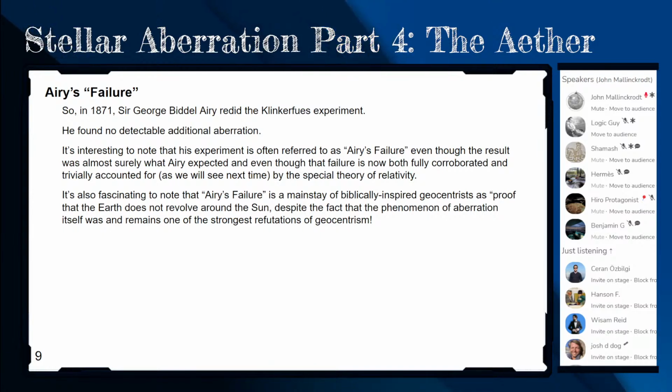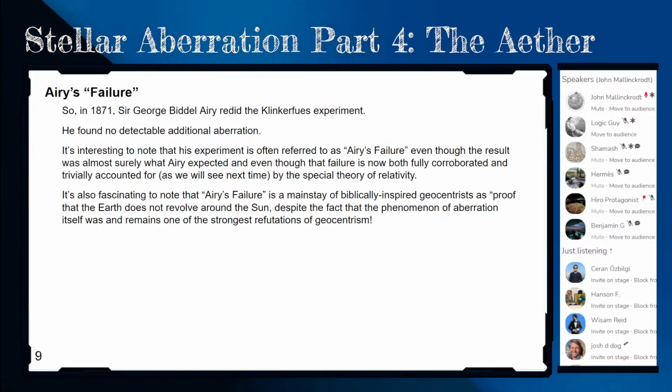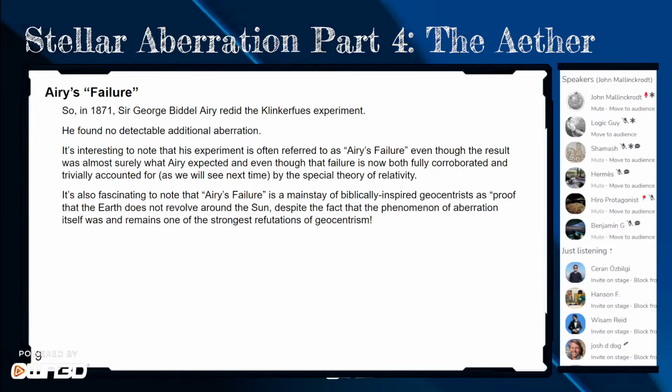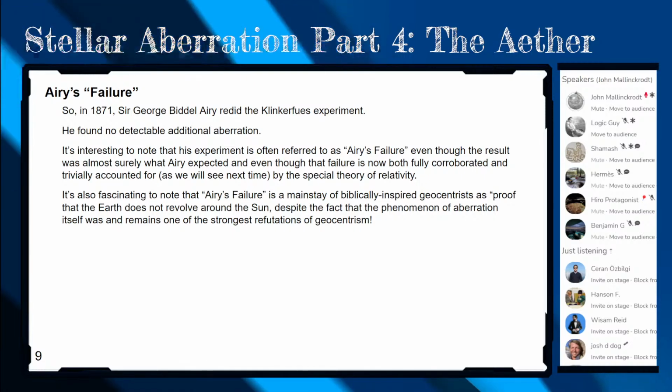Now, it's interesting to note that his experiment is referred to as Airy's failure. For the longest time, I thought myself that was a result of the fact that at the time, there was no way of understanding his null result, the fact that he found no detectable additional aberration. But I was wrong about that.